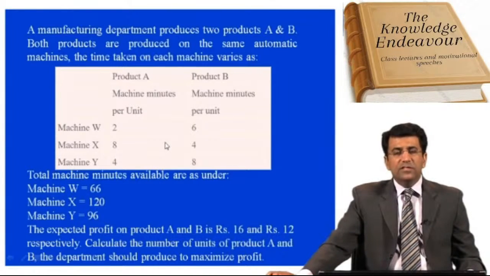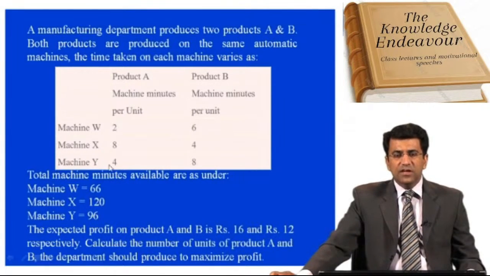Now, this is a similar problem to the one we just solved, but what is the difference? There is another constraint, that is the constraint for the machine Y. Now we suppose that both of these products A and B are passing through these three machines. That may be a sort of electronic machine, an assembling machine, or a fabrication machine.